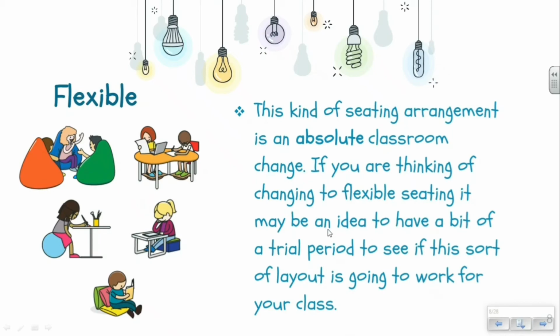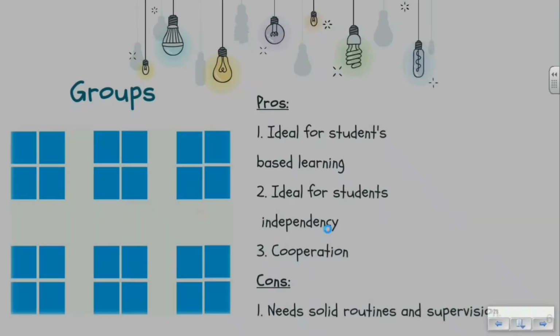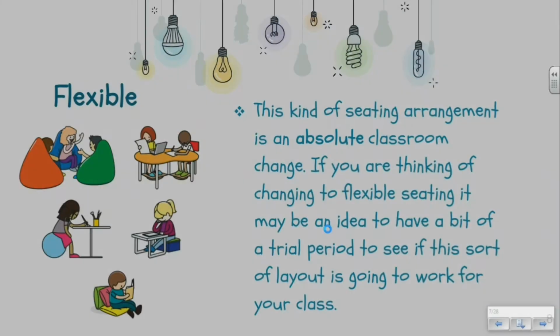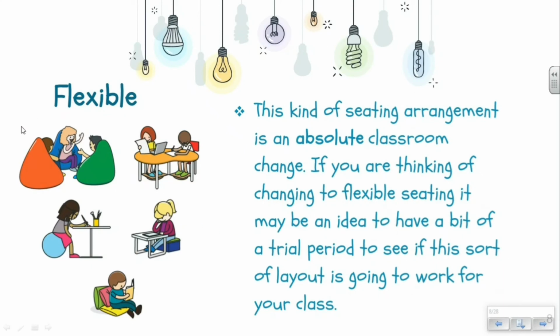So start, for example, first of all with groups, and then add one flexible seating corner, for example. Add to it the bean bags, for example, corner for your library section, for example. Or add a table on the corner for independent reading and writing.